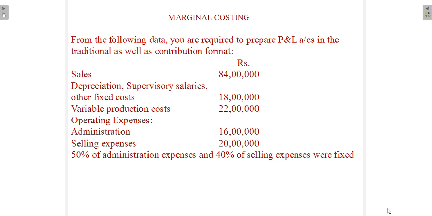So marginal costing is basically a technique of costing fully oriented towards managerial decision making and control. It is a technique that can be used in conjunction with any method of cost ascertainment. It is also used in combination with other techniques such as budgeting and standard costing.